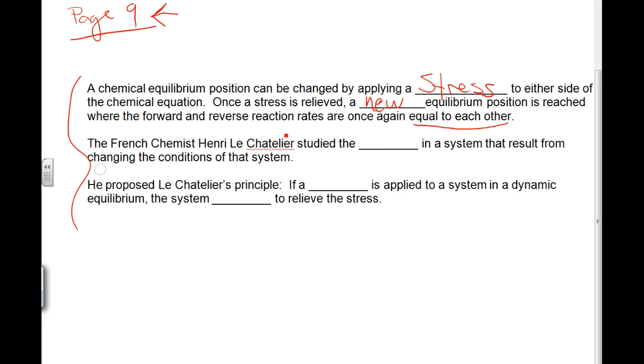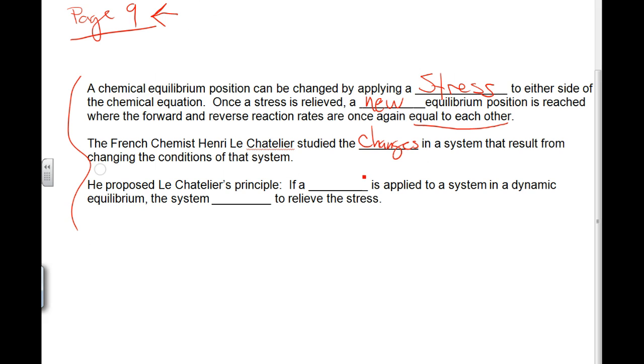That's key. All right, the French chemist Henri Le Chatelier. Now, you'll watch a couple of videos maybe that say it different. It's French. I like Le Chatelier's, whatever. Anyway, he studied the changes in a system that result from changing the conditions of that system.